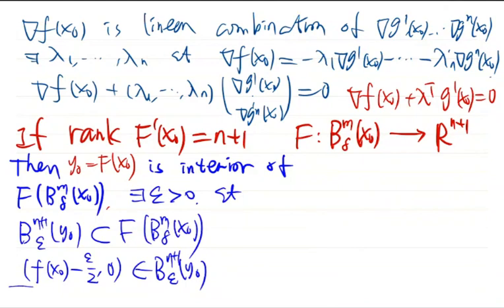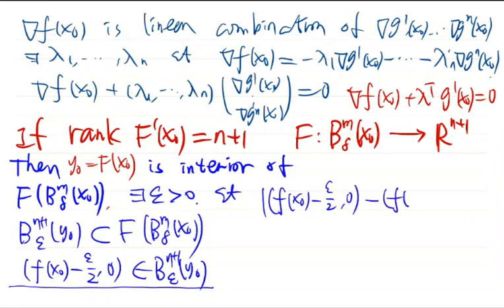Why is this true? You can compute the distance from this point, (f(x0) minus half of epsilon, 0), to y0. Y0 is (f(x0), 0), right? So the distance of these two points is half of epsilon, which is smaller than epsilon.